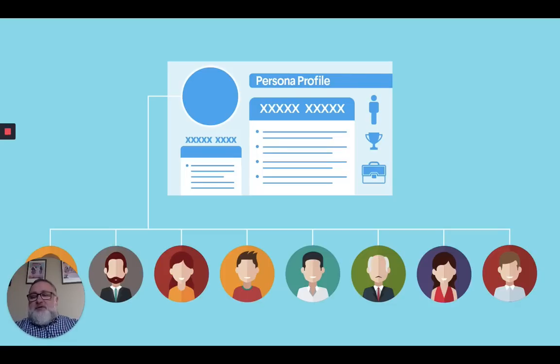Essentially, a persona profile allows you to define the characteristics of each stakeholder type. This means, of course, that you can build personas for more than one stakeholder, and it is useful that you do so. You want to start by bringing together all the information and insights that you and your team have collected.